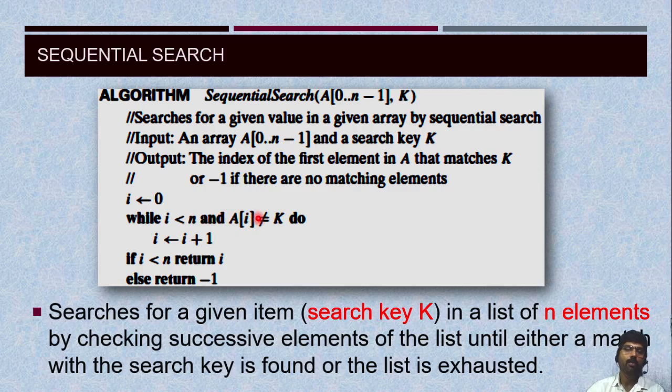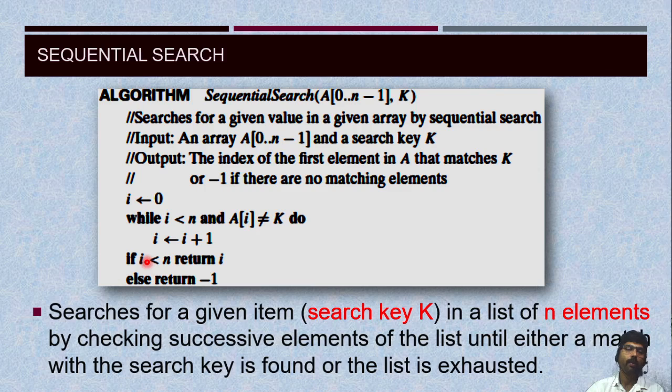When either condition fails, this while loop stops: either I crosses n or the key value is found at A of I. In that case, our algorithm stops. It will search from 0, 1, 2, like that. When the key matches A of I, this while loop stops and the incrementing stops.